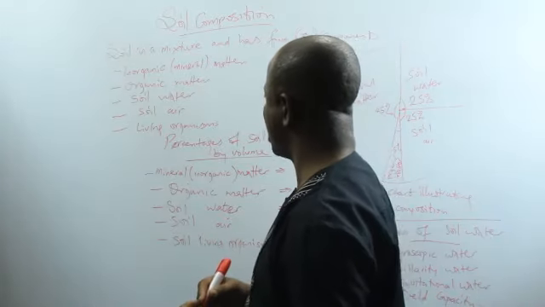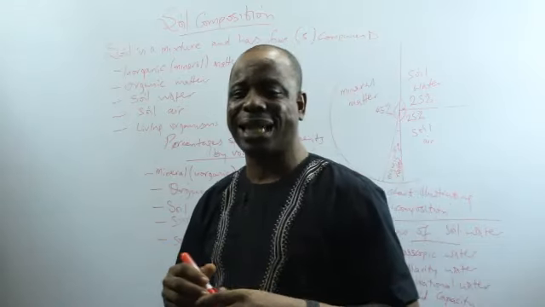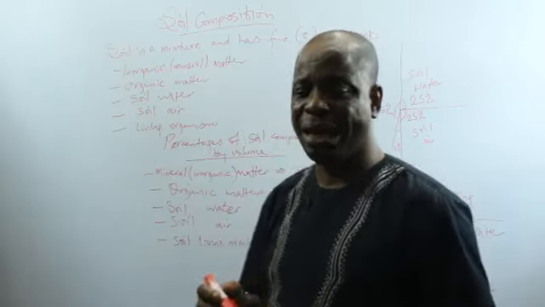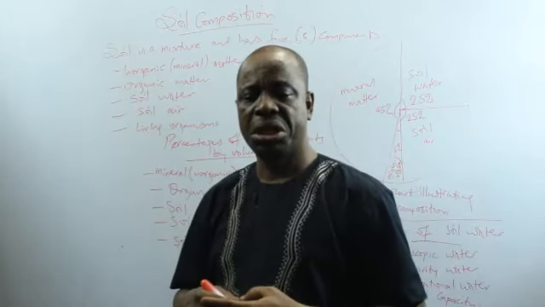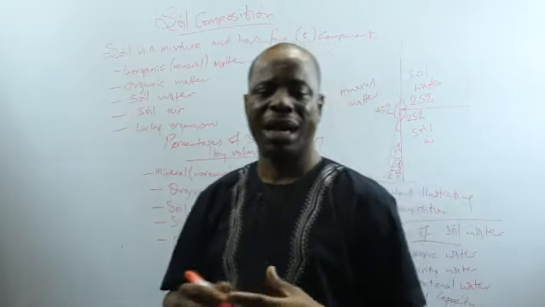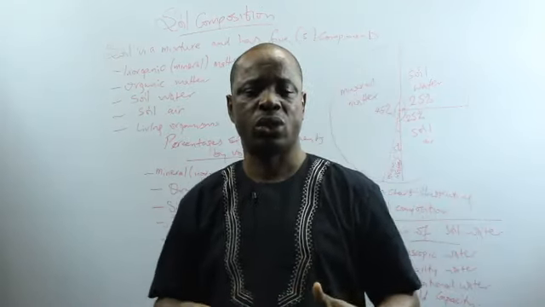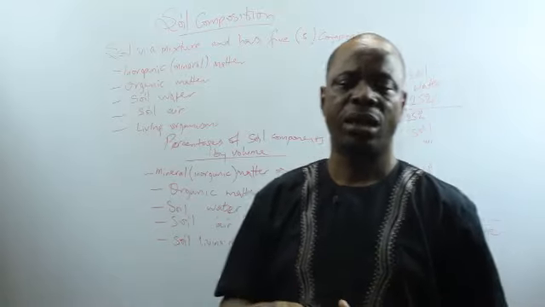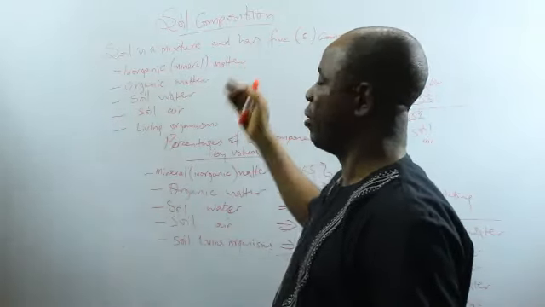The inorganic matter of the soil. This refers to the mineral material inside the soil, which are elements like nitrogen, oxygen, calcium, magnesium, sulfur, all these mineral elements that are present in the soil, which the plant requires for healthy growth. They are called the inorganic matter of the soil.